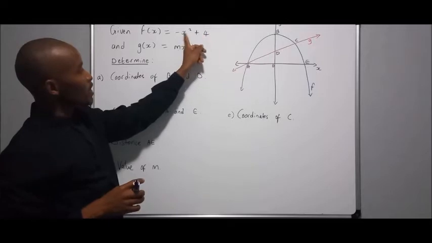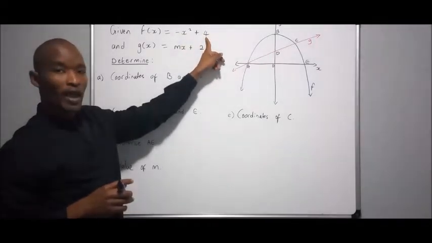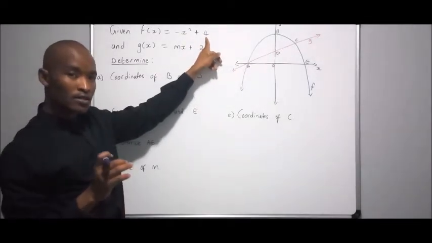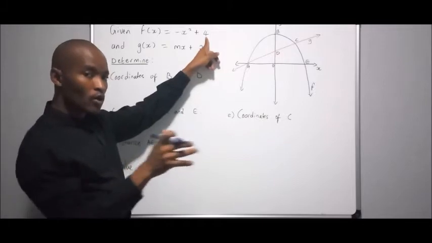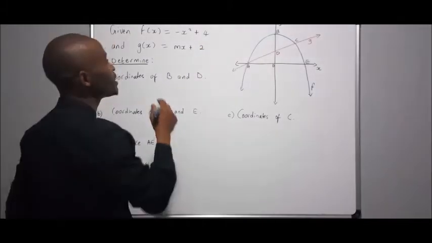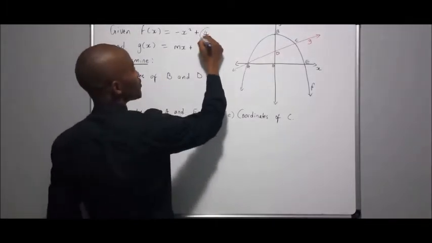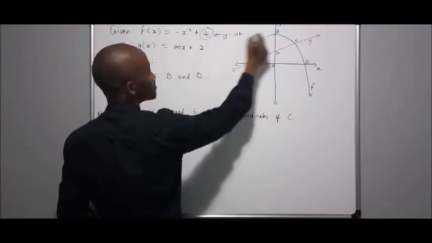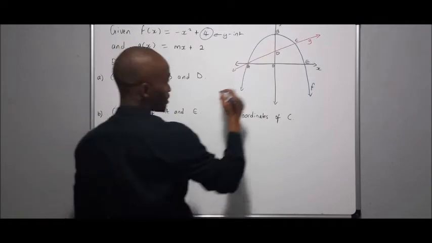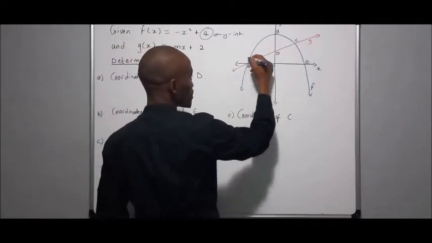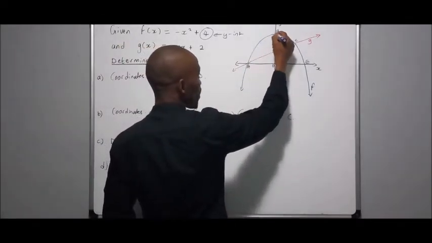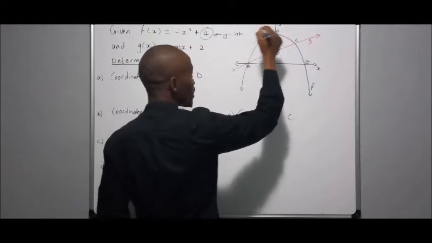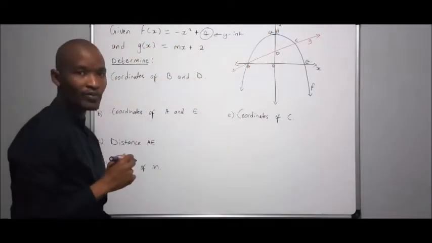Now we have negative x squared plus 4, and when the equation is written in standard format, we can always read off the value of the y-intercept. This 4 is the y-intercept. We can take this number to the sketch and check where the graph cuts the y-axis, the y-intercept. So that value there is 4. Great stuff.